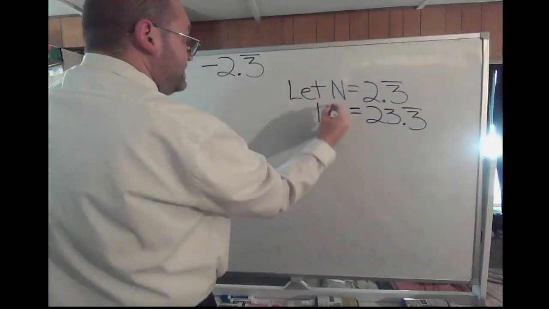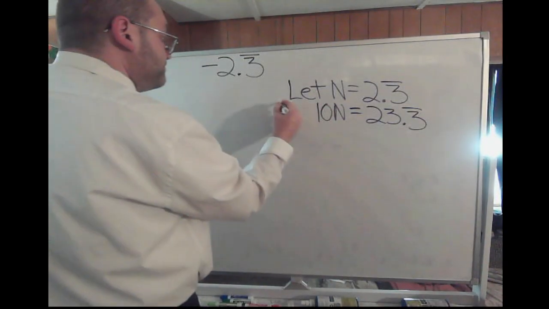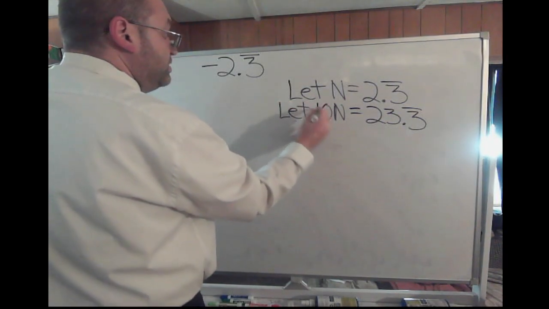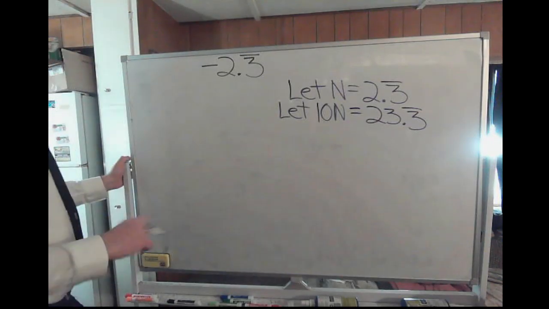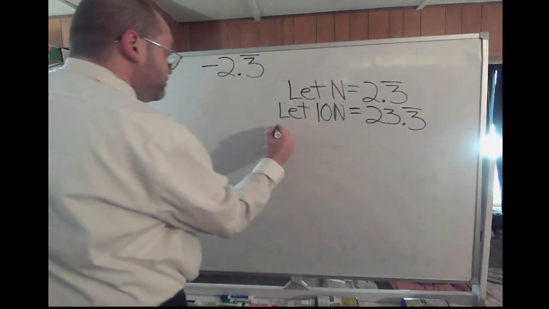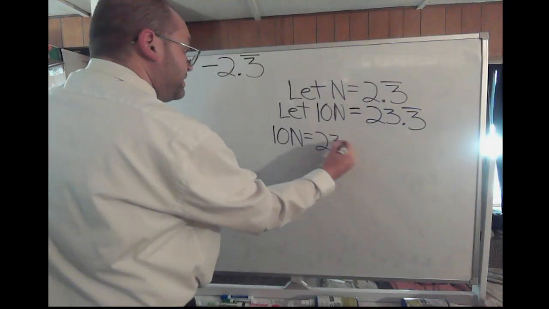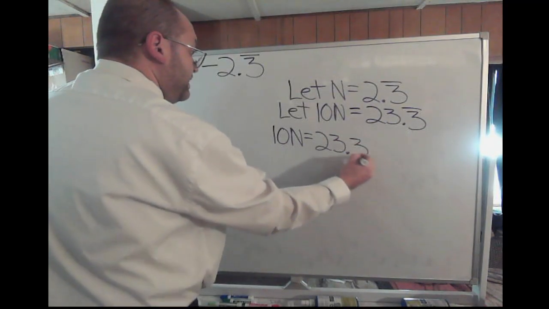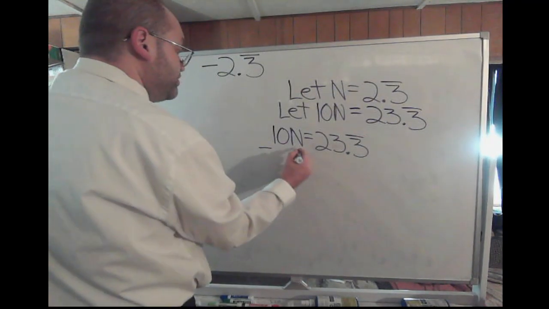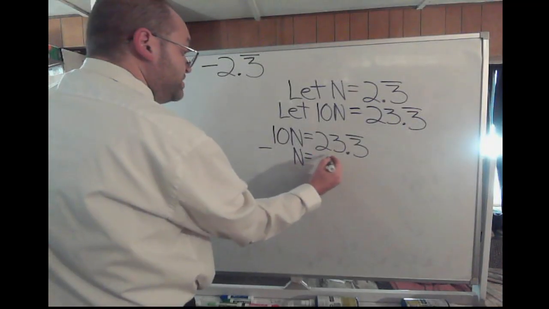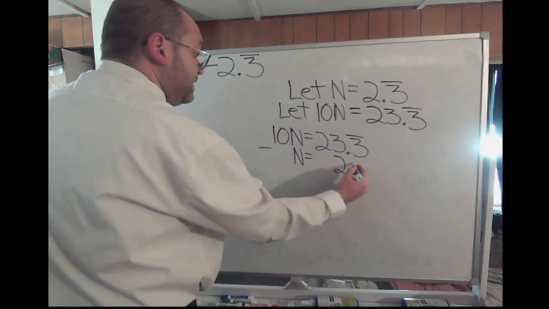Multiply the n by 10, you get 10n. So we'll let 10n equal 23.3 repeating. Now you'll just take your 10n, set that equal to your 23.3 repeating, minus your n, which is 2.3 repeating.